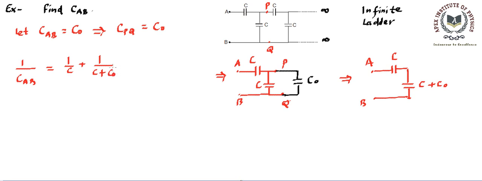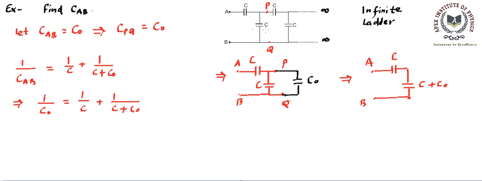Now, as we initially assumed that CAB is also C naught, placing CAB as C naught, it becomes 1 upon C naught is equal to 1 upon C plus 1 upon C plus C naught. What we have got ultimately is an equation with C naught as the only variable, and if we can solve it and find C naught, that will become our answer.